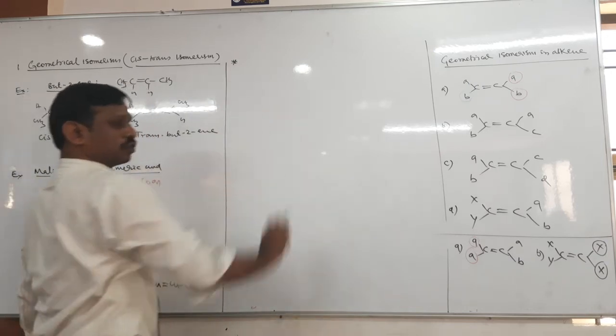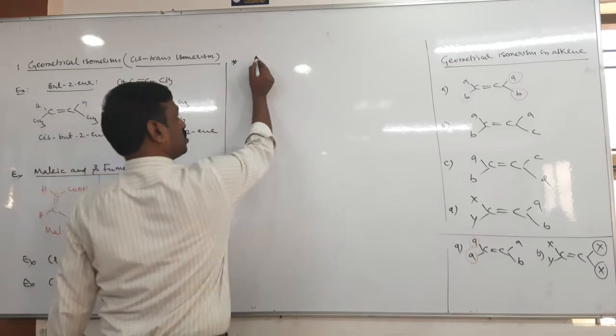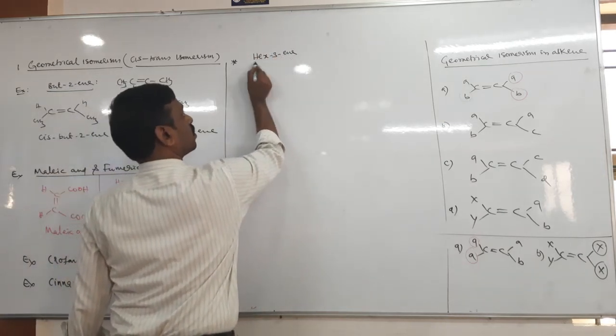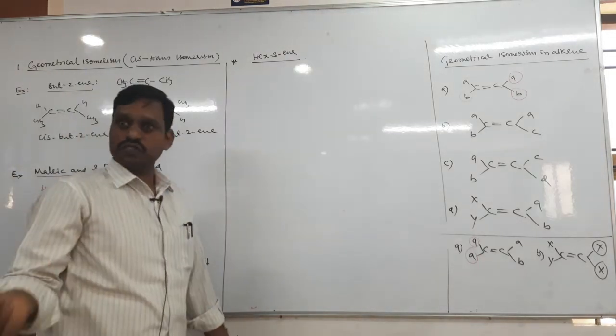Next. Previously in the CET, a question was asked: which of the following exhibit geometrical isomerism? One option was hex-3-ene. Tell me, can hex-3-ene exhibit geometrical isomerism or not? We don't know, we have to see.